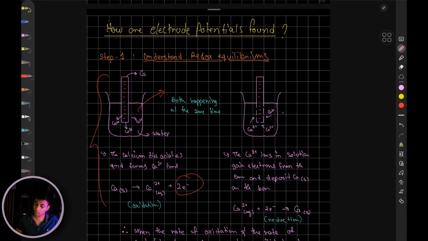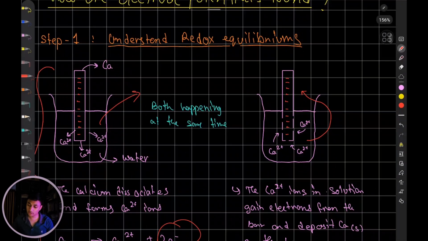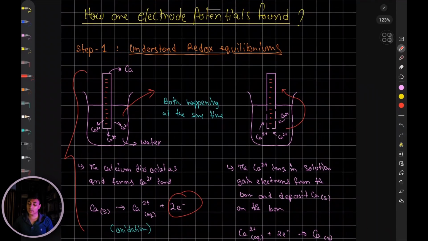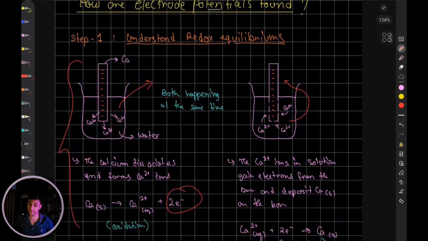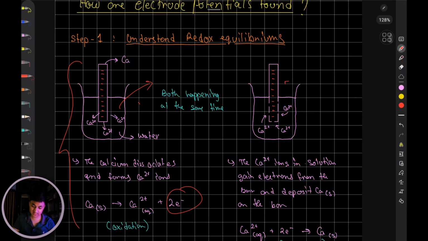However, at the same time, what you're going to see is initially after having all the calcium ions being dissolved into the solution, some of the calcium ions are then again going to gain electrons from this electrode, that is the calcium bar, and it is going to be reduced, right? In the first case, we saw how it got oxidized.